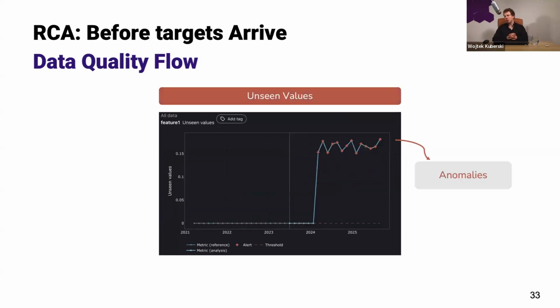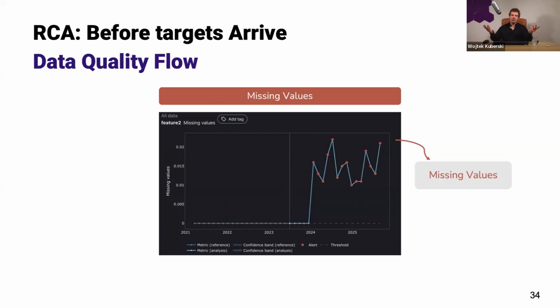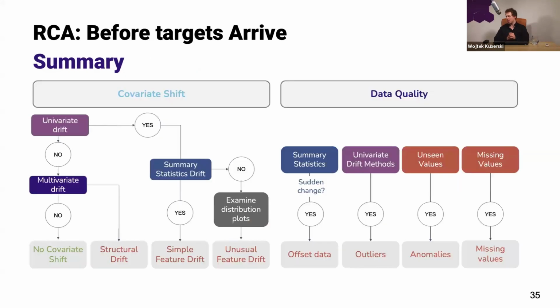And then unseen values: again, if it goes basically above 0, because by definition, all the values in the reference data are seen. So if we see any new values, that is probably a root cause for an alert, or some potential data quality problem that we need to investigate. And then missing values are self-explanatory.